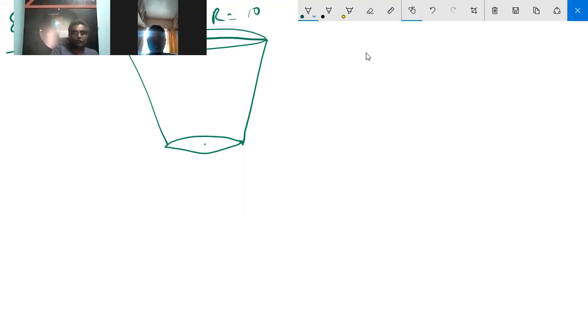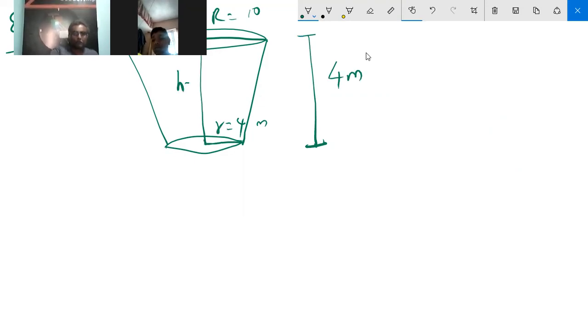Bottom diameter is equal to 4. Height is 4 meter. H is equal to 4. Now find the CSA and TSA. Both CSA and TSA you must find out.